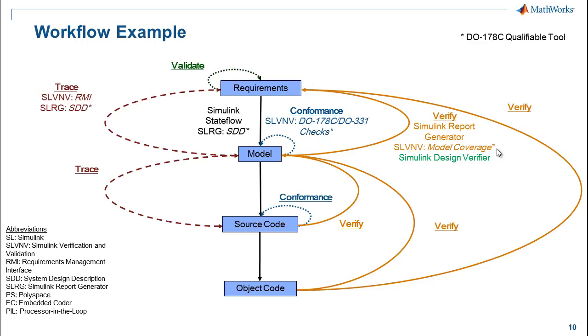And recall that we're doing this at the model level, in the requirements and the design phase. If you compare that to a more traditional software development process, you typically don't get to do that kind of testing until you're in the testing phase, after design, after coding, after implementation.